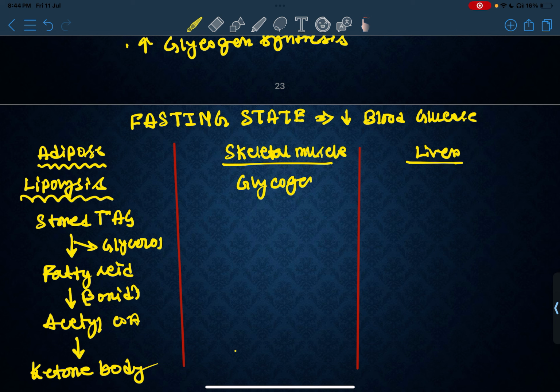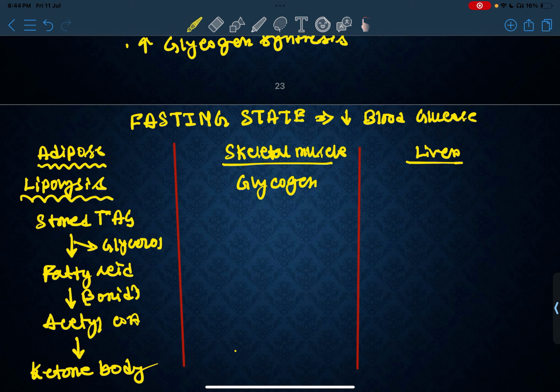In the skeletal muscle, glycogen. I have already told you in the very beginning, the glycogen stored in the skeletal muscle cannot be released directly into the blood because of the absence of the enzyme glucose 6 phosphatase. Because this enzyme is absent in skeletal muscle, the glycogen stored is converted to alanine, and this alanine is a gluconeogenic substrate, which is a non-carbohydrate source.